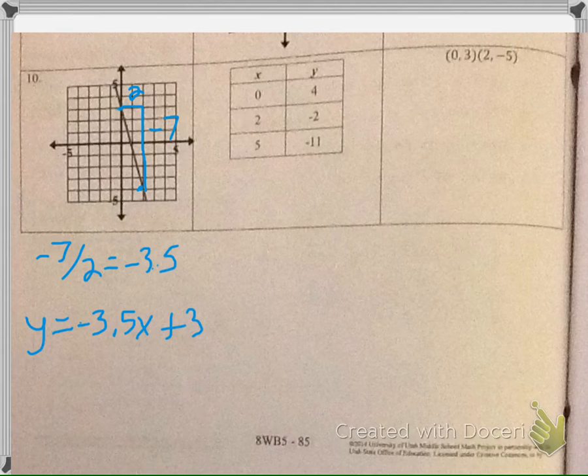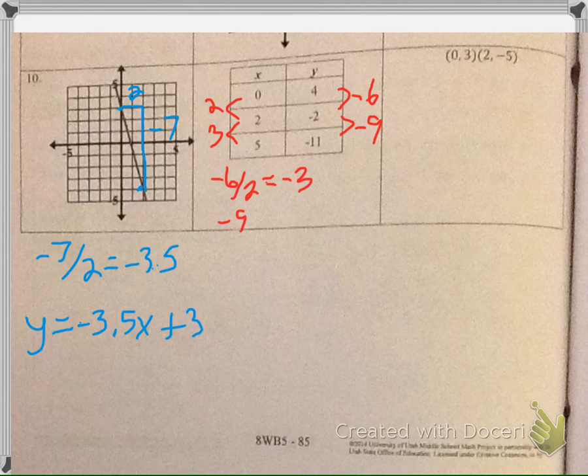Okay, next they gave me a table, so I need to find the equation by putting in carets. From 4 to -2 is going down 6. From -2 to -11 it's going down 9. 0 to 2 is 2. 2 to 5 is 3. I have to do change in y divided by change in x. -6 divided by 2 is -3.